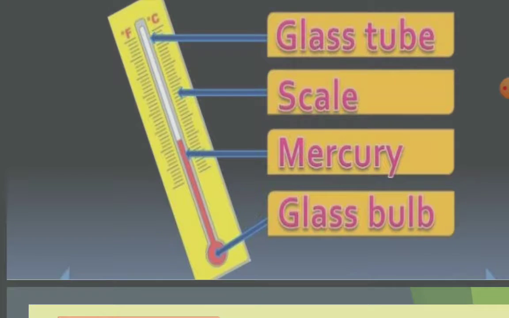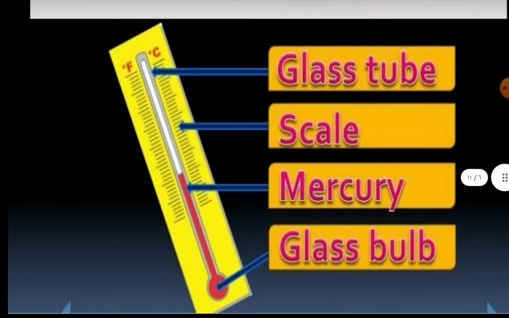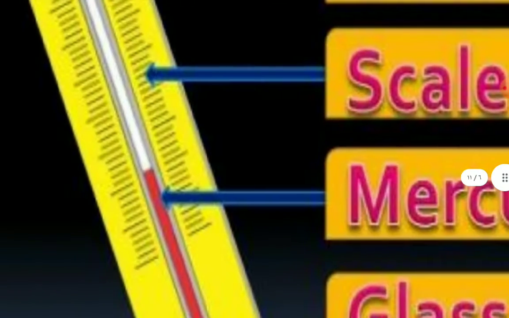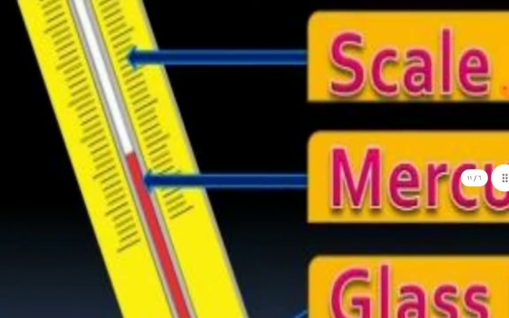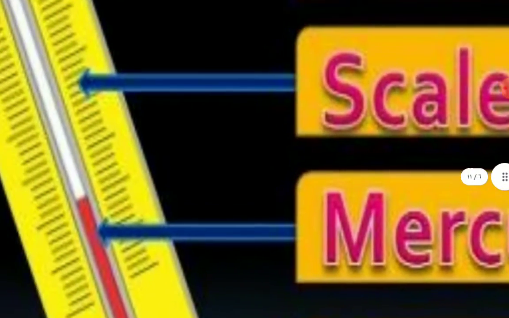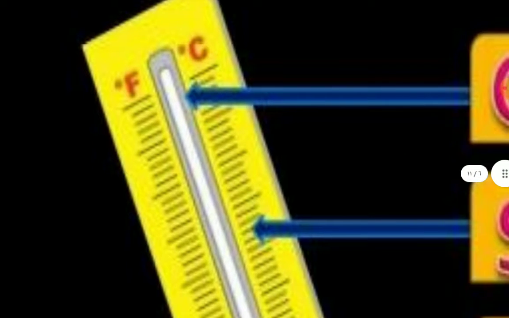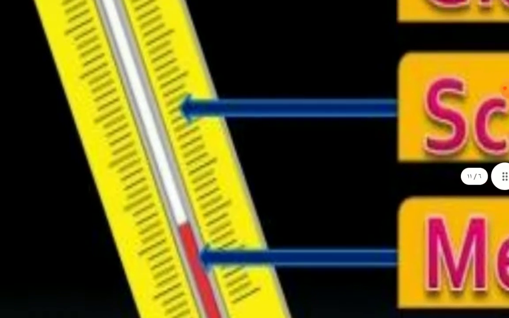Where is the scale? The scale of the thermometer is this. You can see it here. These are the numbers of the scale. I think the numbers here are Celsius and here Fahrenheit degrees. Okay, here is the scale. This black thing is the numbers scale.